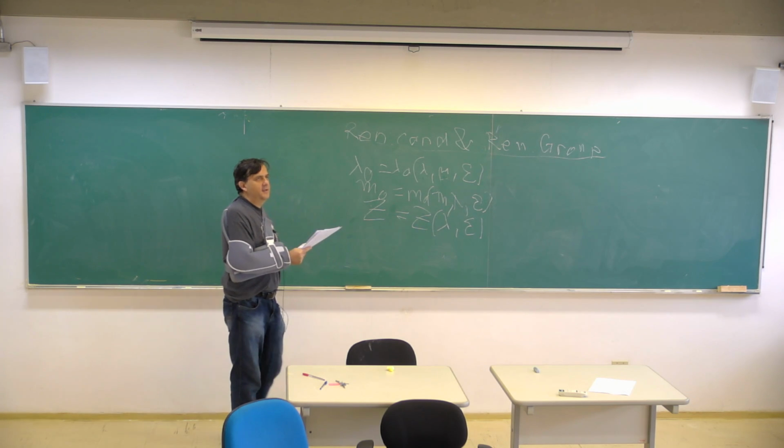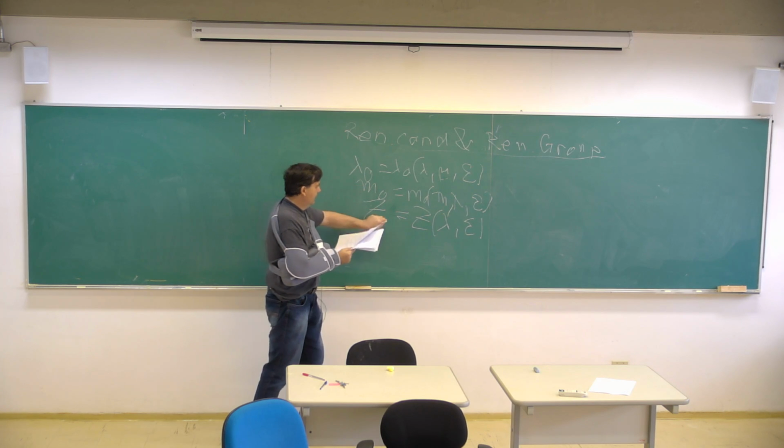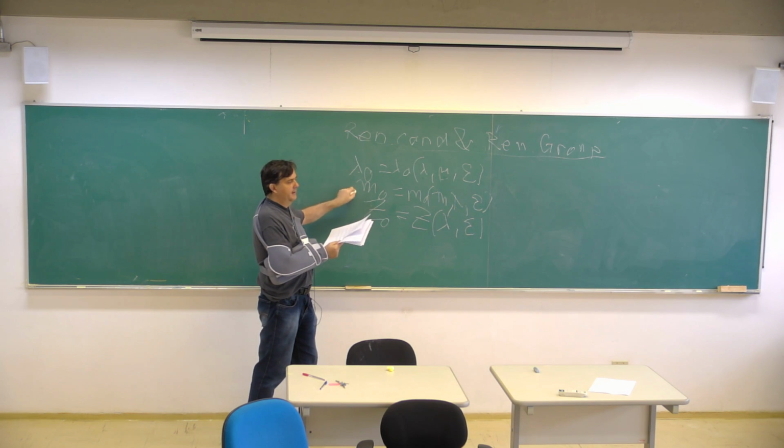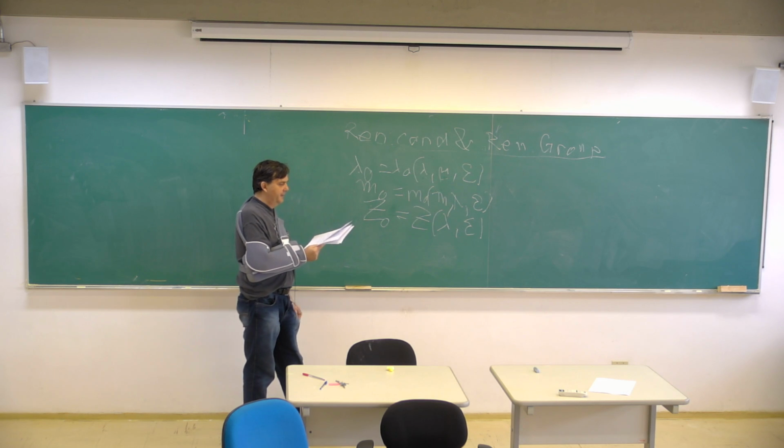Now we can think of this in 2 ways. We can think that these objects, the bare quantities z0 and so on, are fixed.